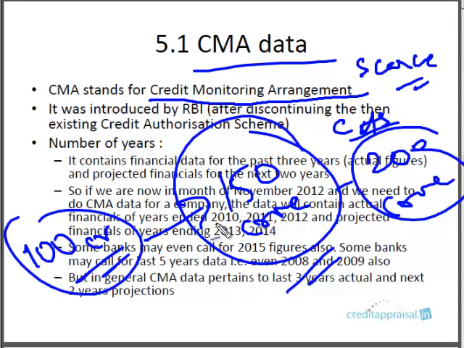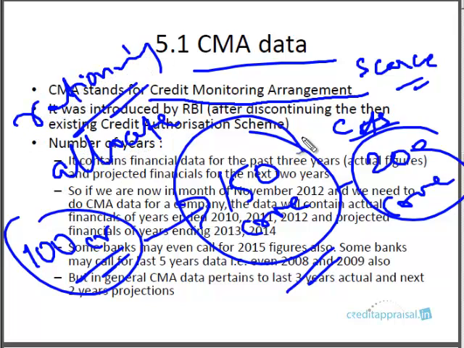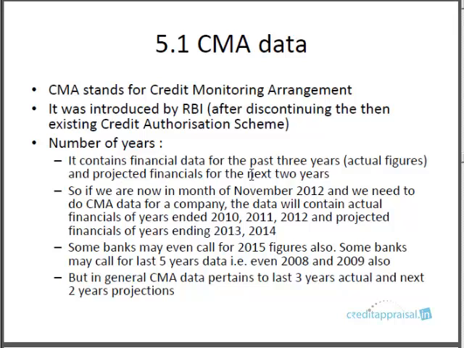So under such a scenario, obviously you have to allocate, right? What we usually call rationing. We have to ration credit because it was a scarce resource. So during those days, these schemes, the CAS and the CMA, actually emerged. But presently the situation is quite opposite, right?